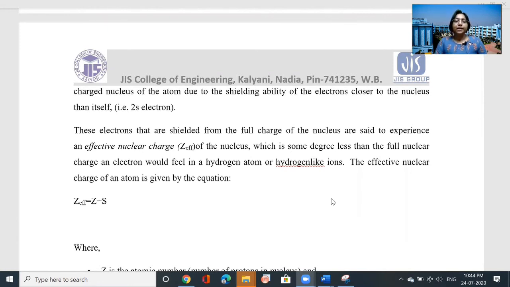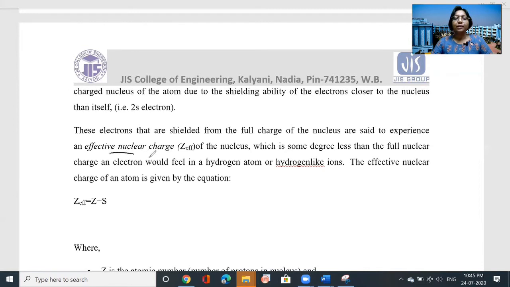So these electrons that are shielded from the full charge of the nucleus are said to experience an effective nuclear charge, which is some degree less than the full nuclear charge. If it is shielded, it will not get the full effect of the charge of the nucleus due to the shielding effect.